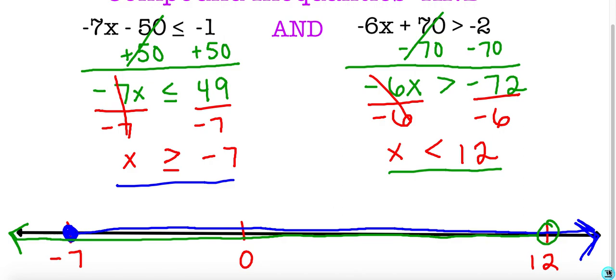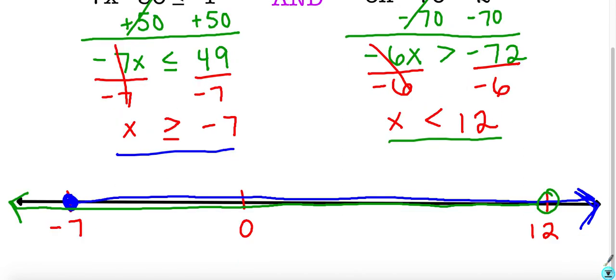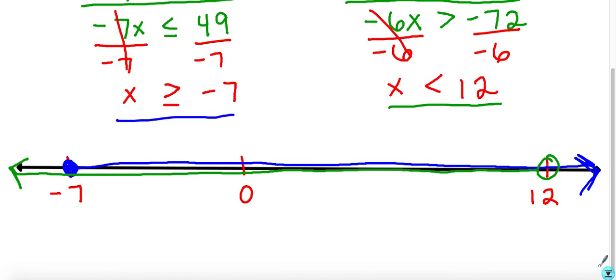Now here you'll notice that our inequalities are shaded in two opposite directions. And if this were an OR statement, it would be all real numbers. But our AND statement needs to make sure that whatever our x value is, it's true for this inequality and this inequality. So with that being said, we can see where they overlap because it has to be true for both.